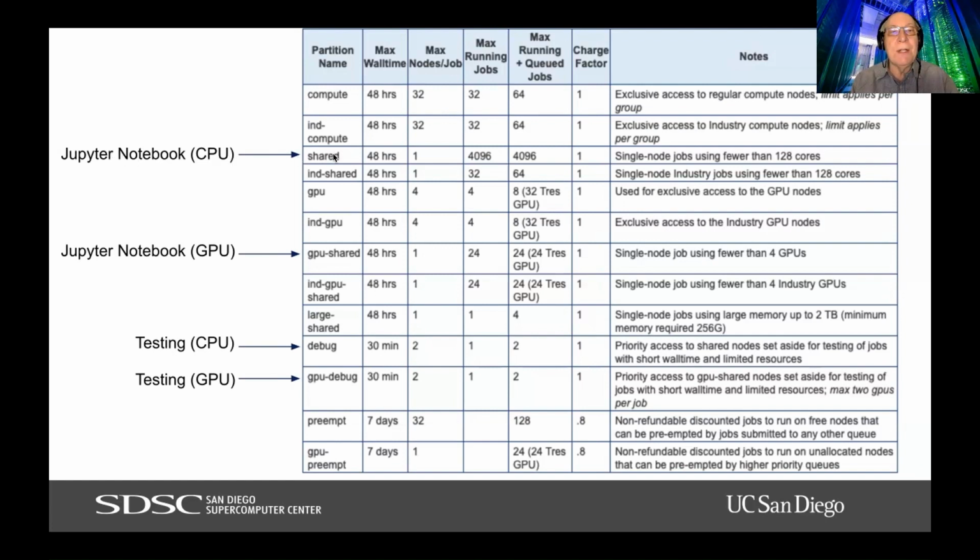You can use the shared partition, and that allows you to run jobs on a single node using fewer than 128 cores. This is usually a good choice for CPU-based applications. If you run a Jupyter Notebook that requires GPU, gpu-shared is a good partition to use. Again, it runs on a single node with fewer than 4 GPUs.